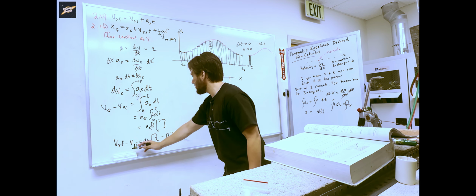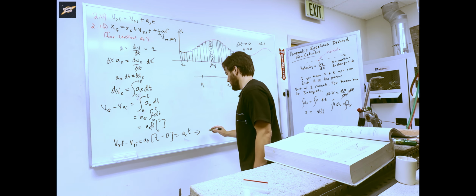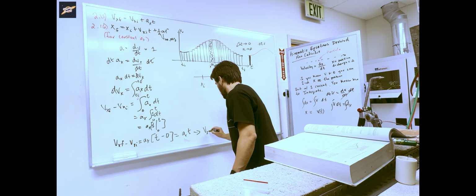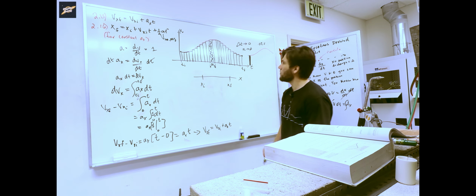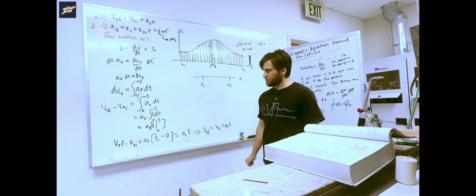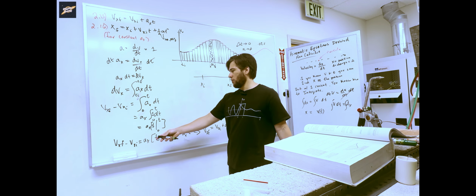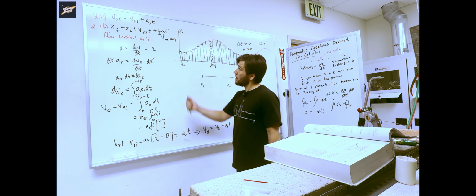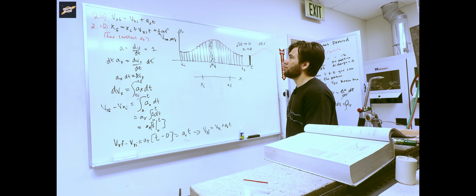What you can do is just add Vx of i to give you Vx of f equals Vx sub i plus a x t, right? And that's 2.13. Just simple arithmetic, adding that to the other side gives us that equation. So that's how we get 2.13.